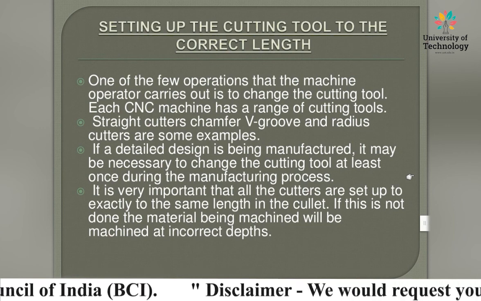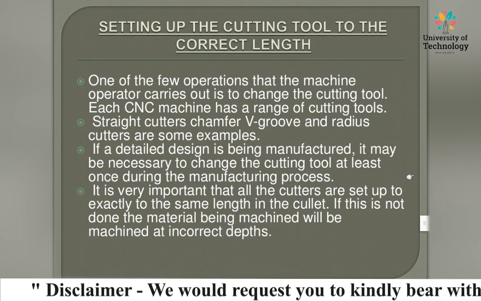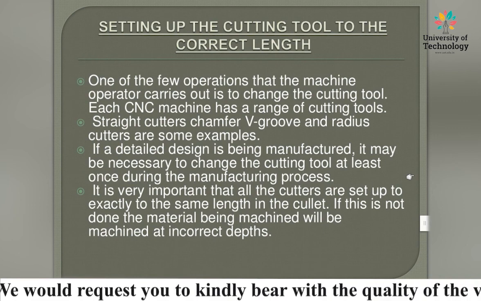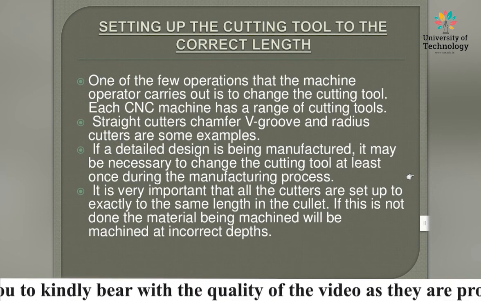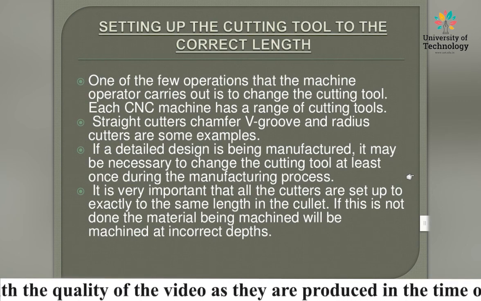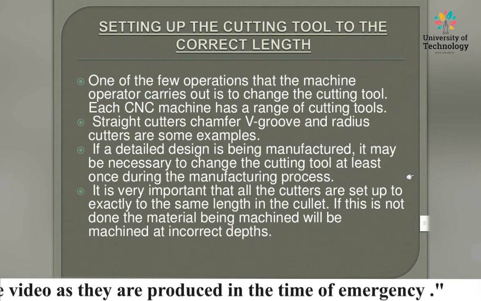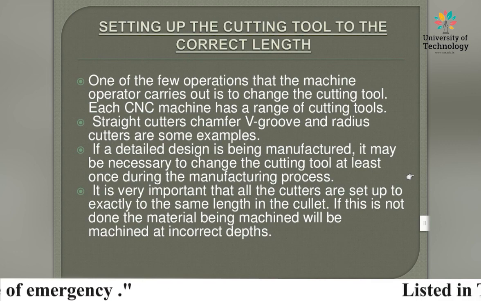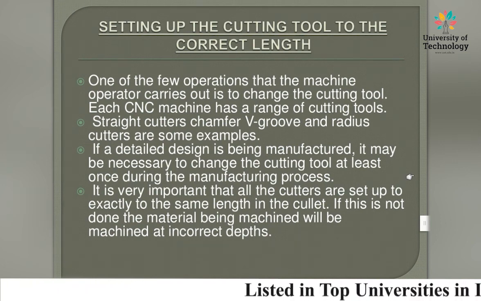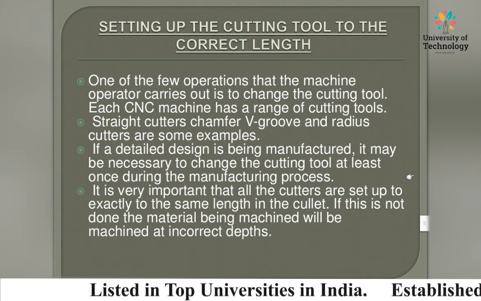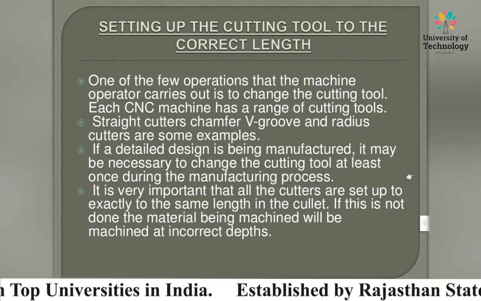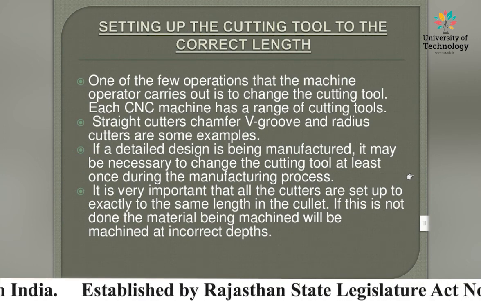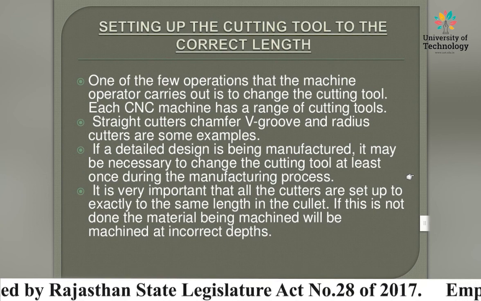Setting of the cutting tool to the correct length. One of the few operations that the machine operator carries out is to change the cutting tool. Each CNC machine has a range of cutting tools. Straight cutters, chamfer, V-grooves, and radius cutters are some examples of the cutting tools.